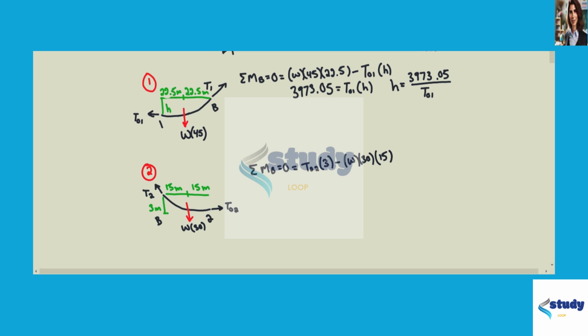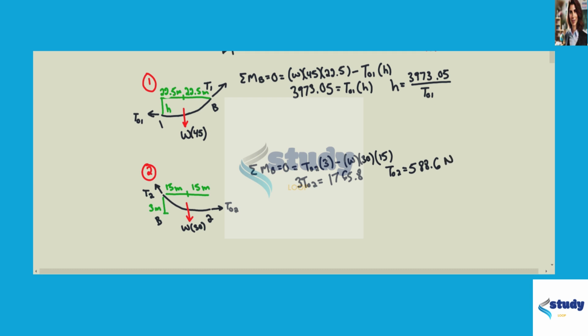We're going to simplify. This will equal 3T02 equals 1,765.8. So T02 will equal 588.6 newtons.